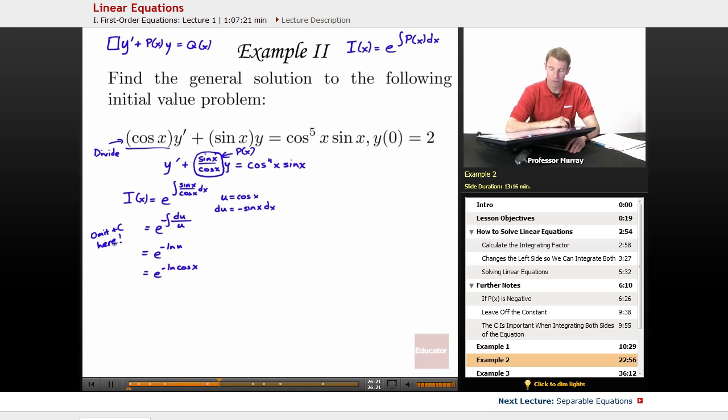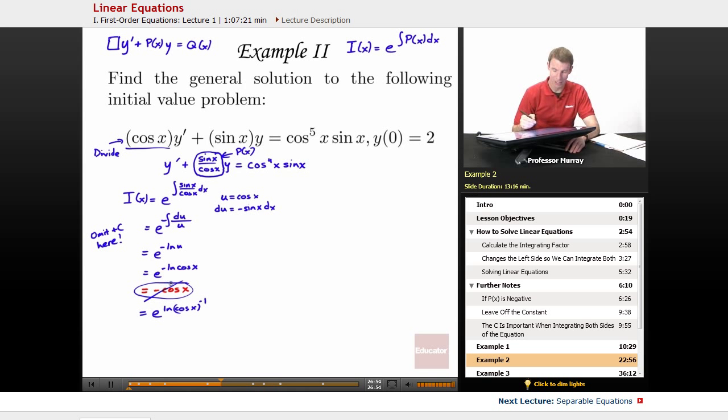Next thing to be very careful about is, let me write this in red to show that it's wrong. A lot of my students would look at this and say this is equal to e to the negative natural log of cosine x, the e and the natural log cancel, so this is just negative cosine x. That's wrong. Instead, what you want to do is you write that as e to the natural log of cosine x to the negative 1.